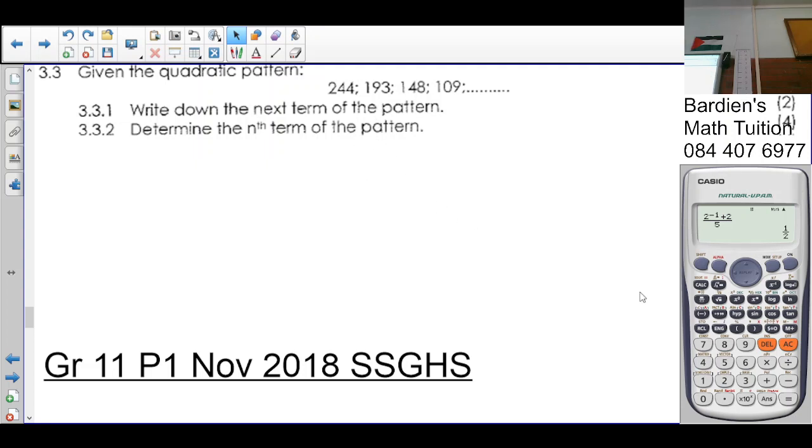They ask you to write down the next term in this pattern. So how do I move from one to the next? 193 minus 244 gives us negative 51. 148 minus 193, negative 45.